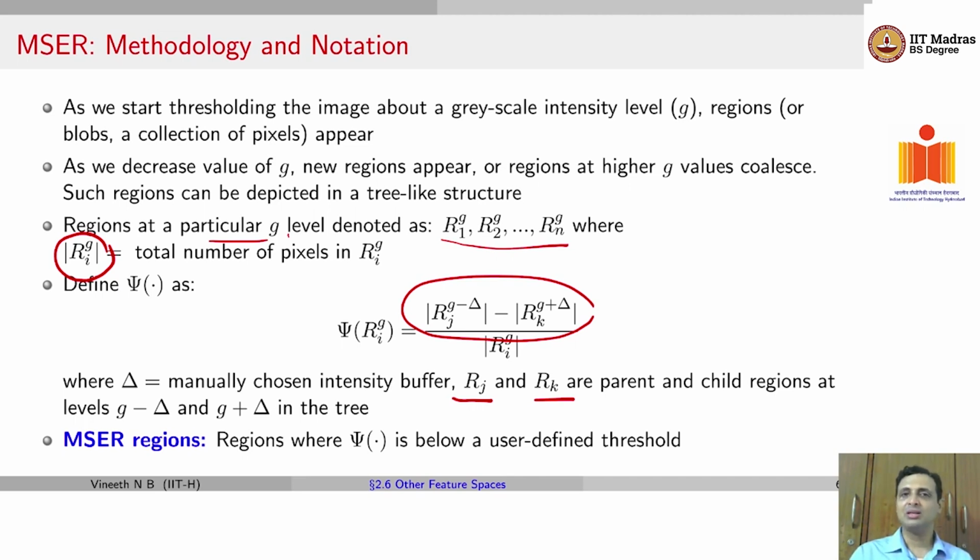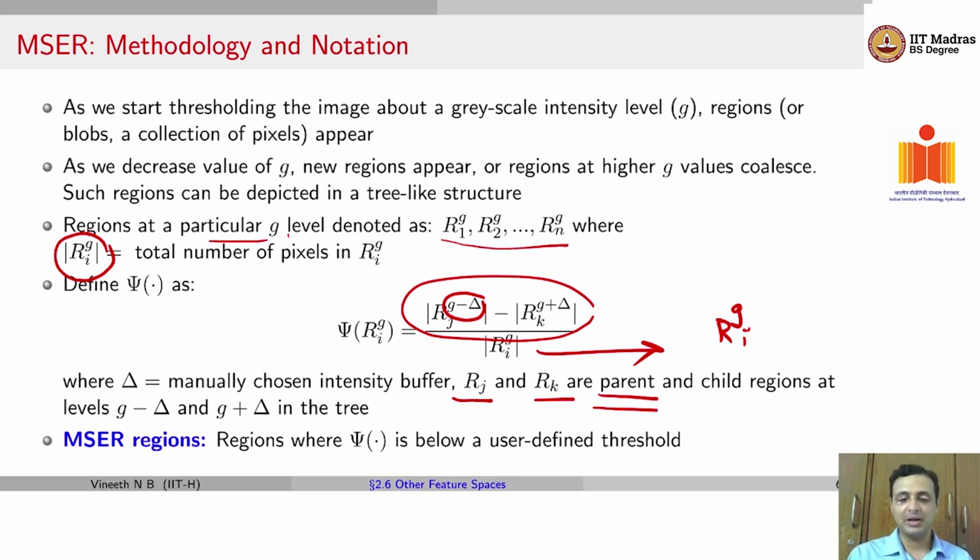Let's try to study this a bit more carefully. Remember again that Rij is one of the regions that you're considering at the threshold value G. Now, if you subtract a little value, G minus delta, then you would get a parent region which is perhaps larger than Ri. Remember, when you subtract the threshold, the white region would probably get bigger.